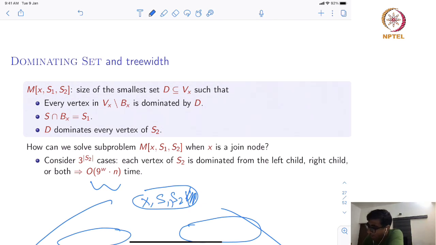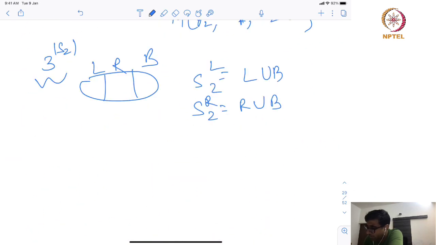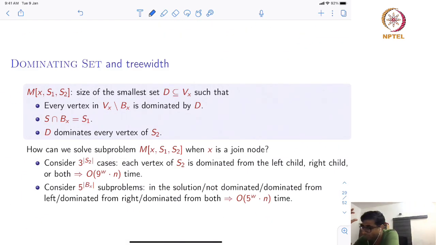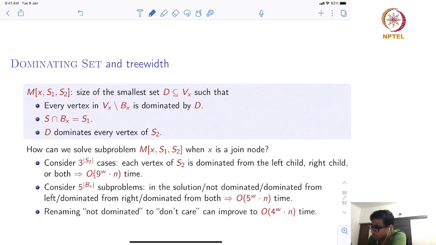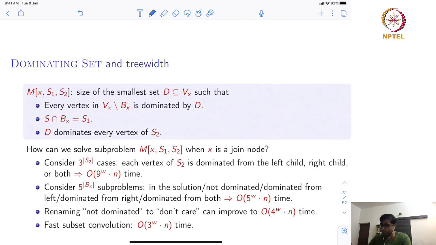There are ways to improve all this, but I will not tell you all of it. You can get down to 5 to the power W, 4 to the power W, by some clever simple tricks with who is dominated from which side, but let us not worry about those things. In fact, we can get down as good as 3 to the power W.